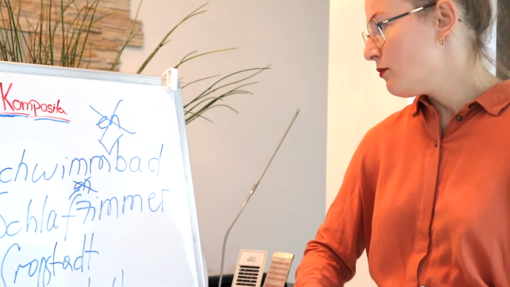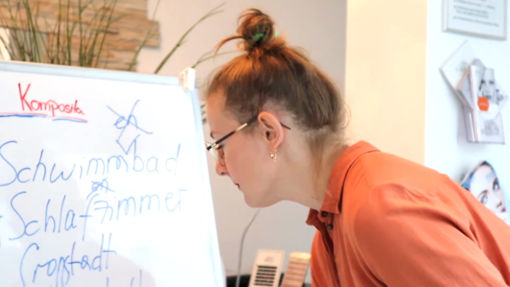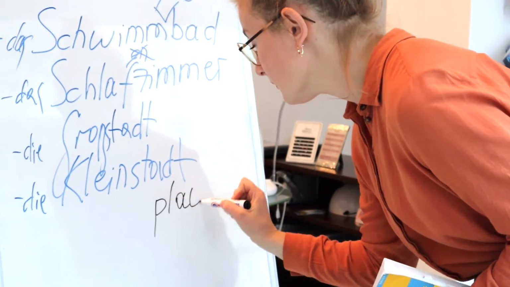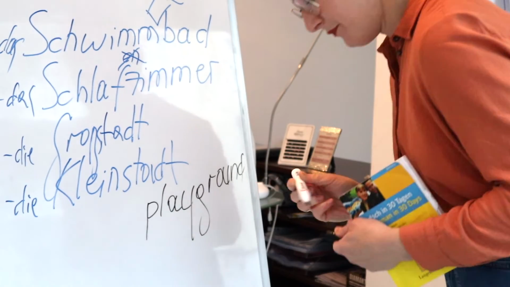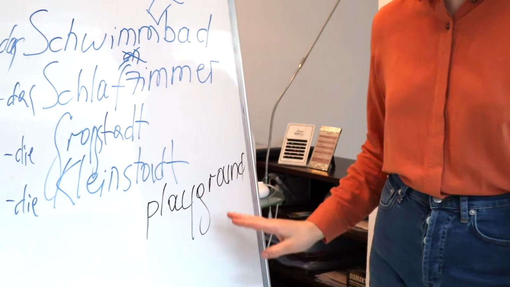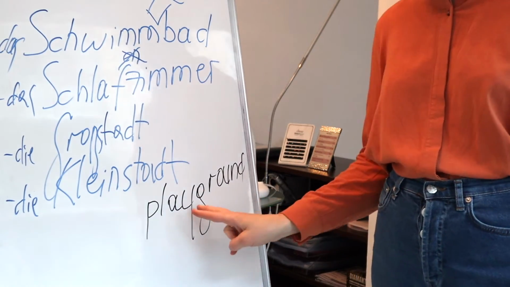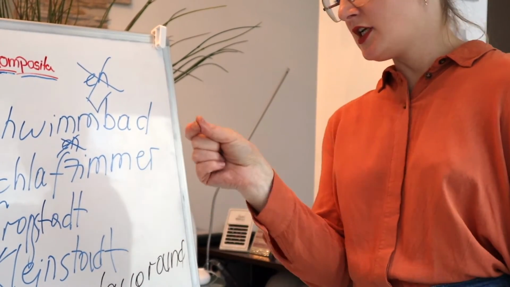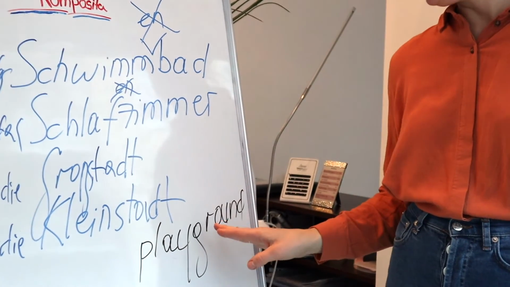But what about this word here? Playground. The same principle applies to German. You've got Spielplatz, right? So two nouns attached to one another, resulting in a beautiful compound, Spielplatz or playground.